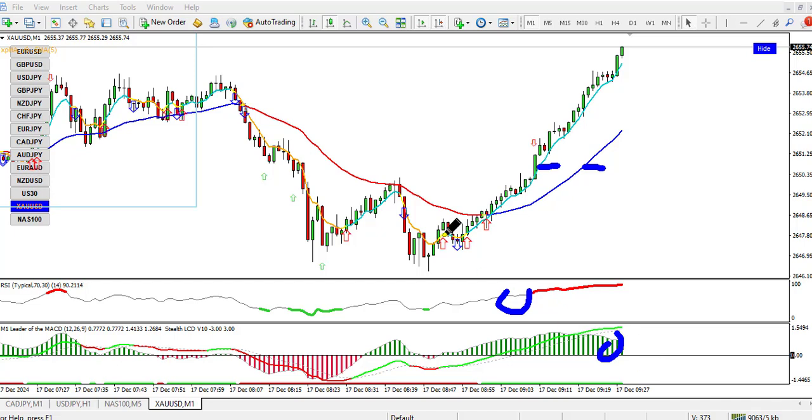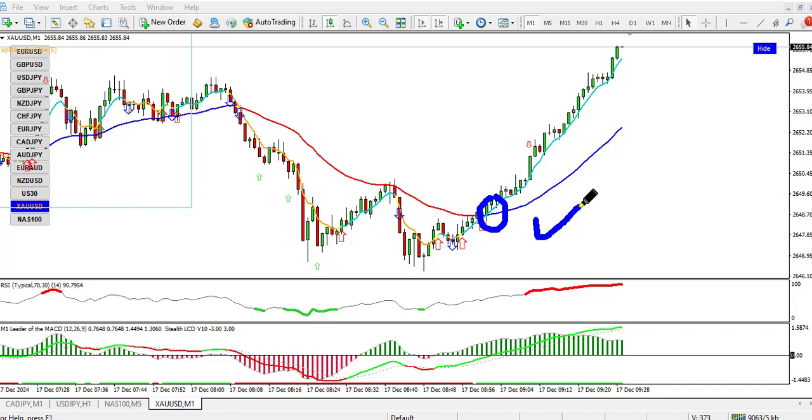Now, how do I use this particular strategy? All the indicators must be in agreement before you take any particular trade. At this point, I have the two line averages crossing at this particular point, and they did change color, and this is a good buy.